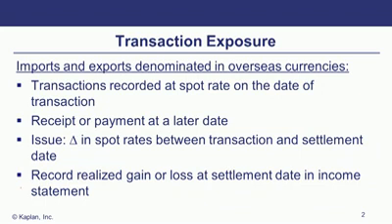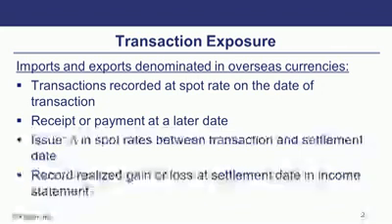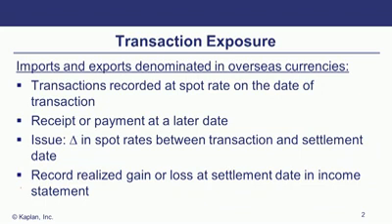Now, the idea is the exchange rate may well have changed between entering the transaction and settling the transaction. So let's imagine that we've got an export sale denominated in an overseas currency. Let's say we're a UK firm and we've sold goods in dollars. When we receive the dollars from the customer, we have to convert them back into pounds.